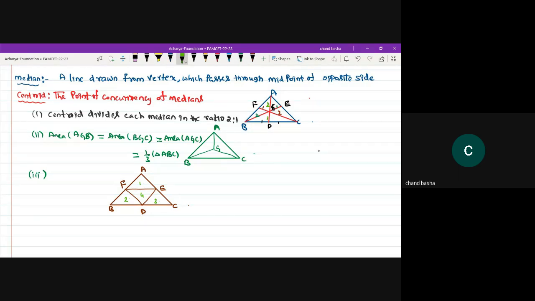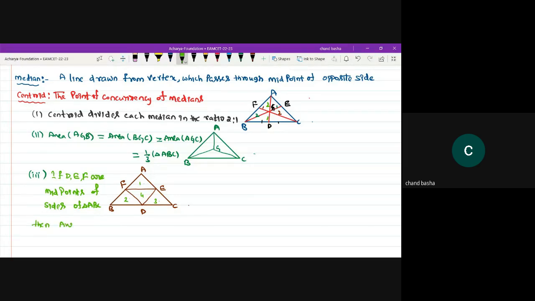Whenever the midpoints are given, if D, E, F are midpoints of the sides, everyone will understand this concept. We are just revising once. If D, E, F are midpoints of the sides of triangle ABC, then the corresponding areas are equal.